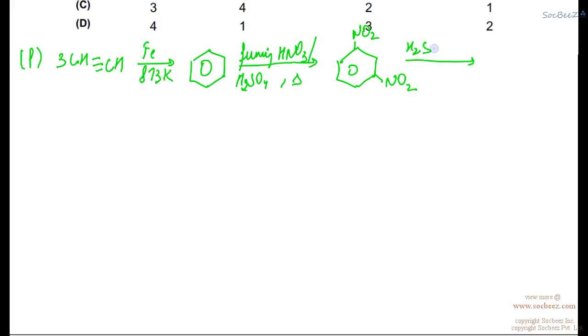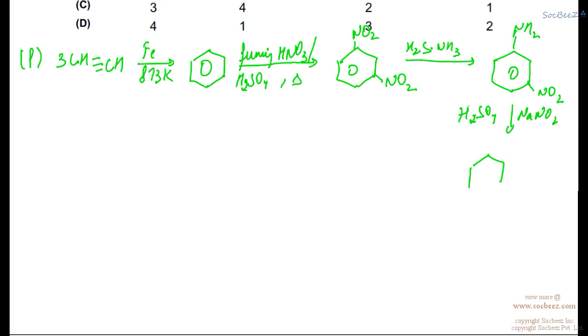Now after treating with H2S, NH3, this gives selective reduction of nitro group as NH2, NO2. Now after treating with NaNO2 and H2SO4, it gives us the product which looks something like this.